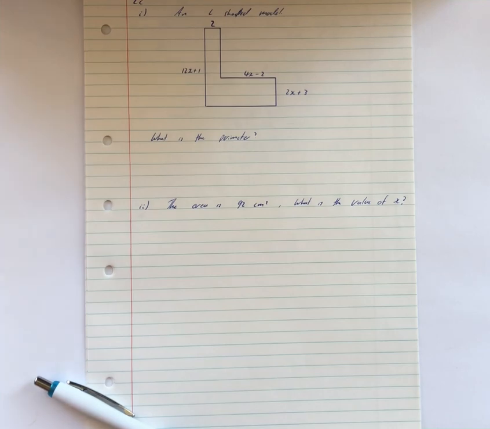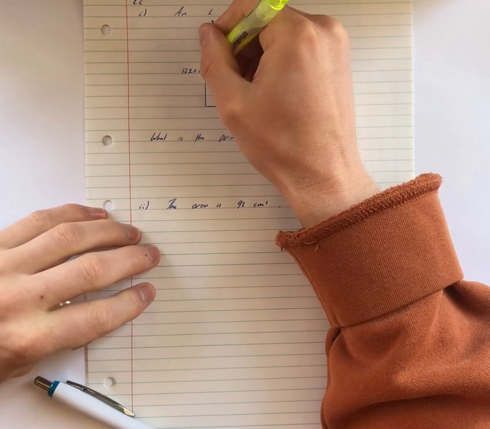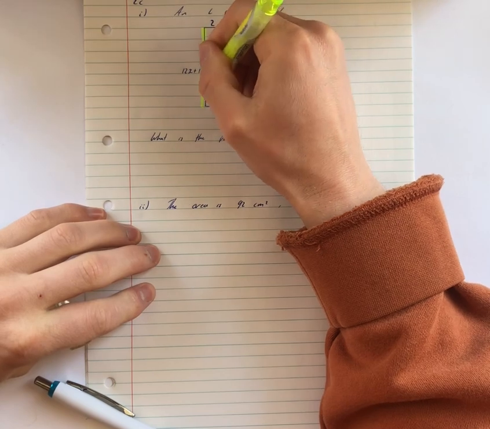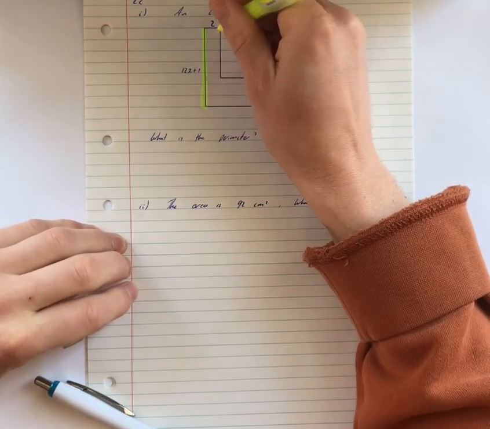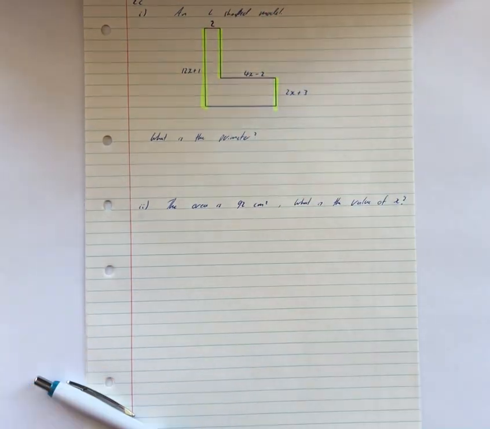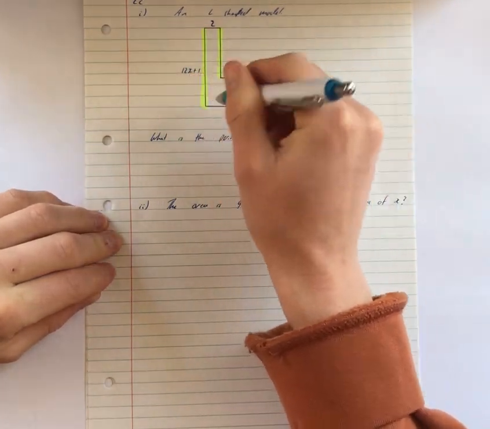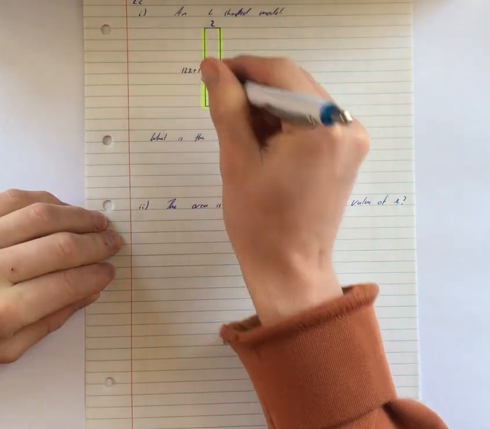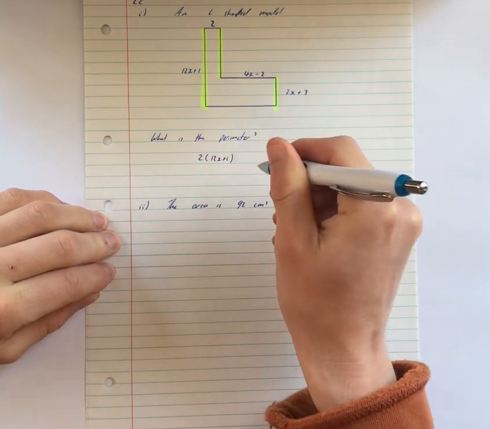Okay, so the perimeter is adding up all the sides. So we've got one big side here. Hopefully you can see this in the video, but that side is 12x plus 1. Now that would be the same as this side and this side. So we can actually just calculate all of that yellow highlighted sides as 2 lots of 12x plus 1.